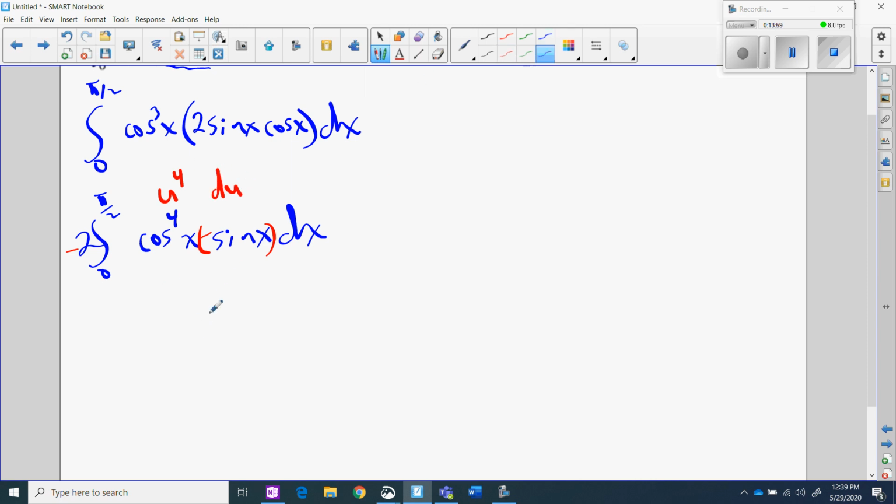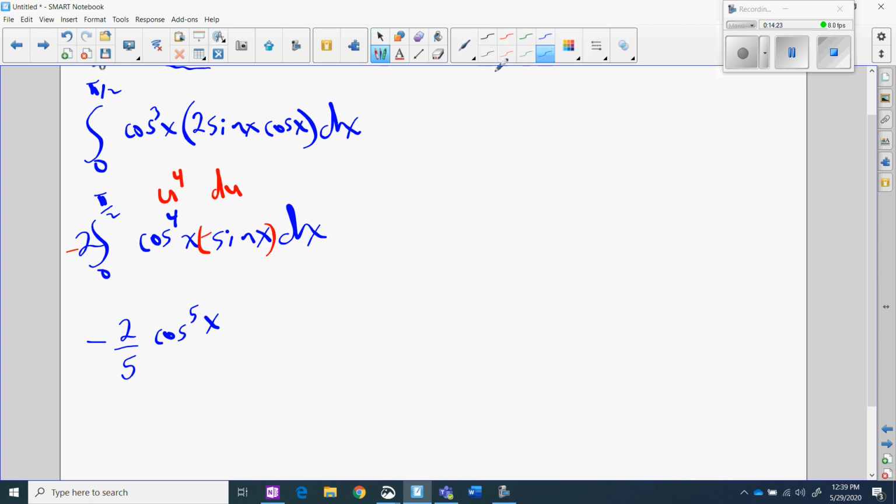So to undo chain rule, you add 1 to the exponent and divide by the new exponent. So this will be -2/5 cos to the 5th x. Yeah, it is -2/5, but no 5 down here. I already divided by 5. So I added 1 to the exponent to go to 5, then I divided by the 5.